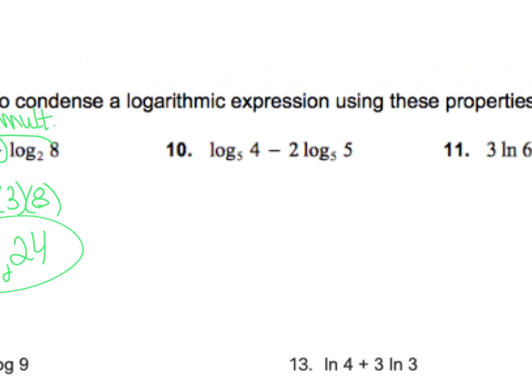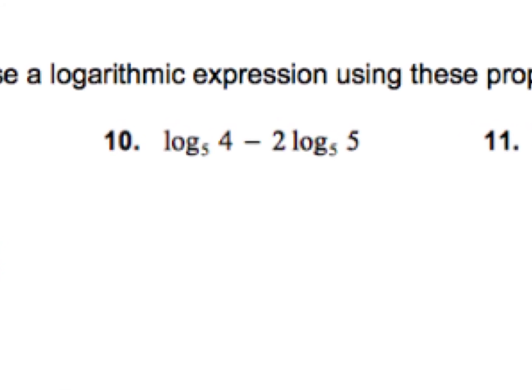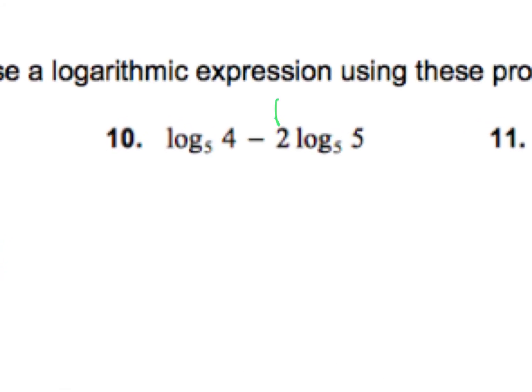Okay, looking at our next one here, this one's got a little bit more going on because we have two things here. We have that 2 out in front, which is multiplication, and we also have subtraction. Our first term here, this log base 5 of 4, doesn't have anything we really need to do to it yet. We need to look at this second term for just a quick minute. So before we think division, we're kind of doing the order of operations here.